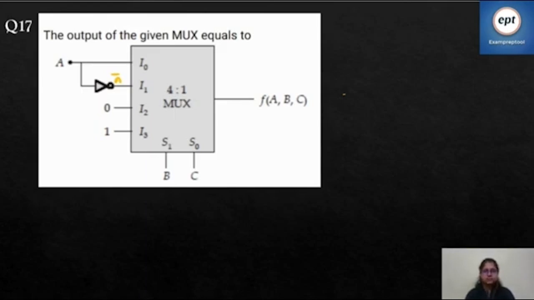So these are the inputs to the 4:1 mux. Let's write the expression for this. The expression you can easily get from this is F is ABC.